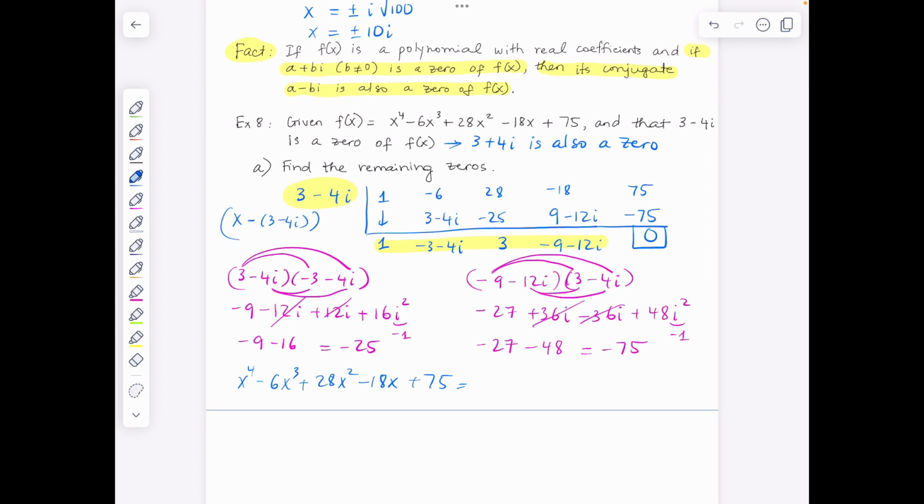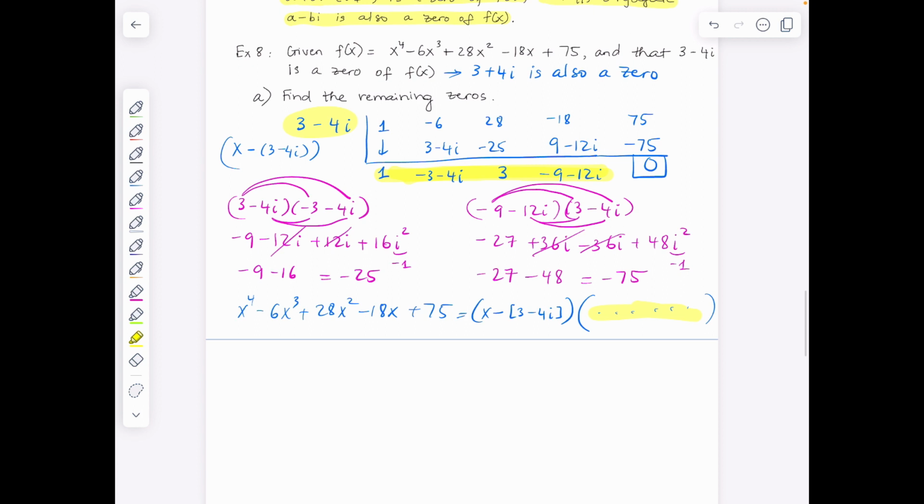So we would do x minus 3 minus 4i. That's 1, 0. And this quotient that we have here is exactly what's highlighted up here, but we're not going to attempt to write all those complex numbers as the coefficients.